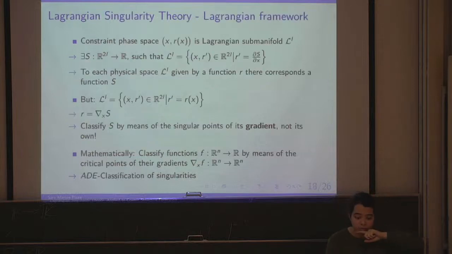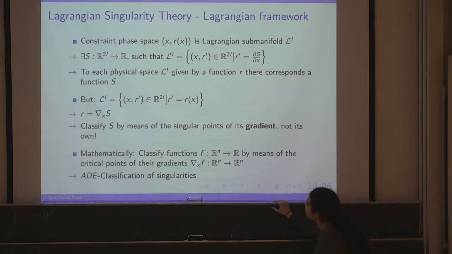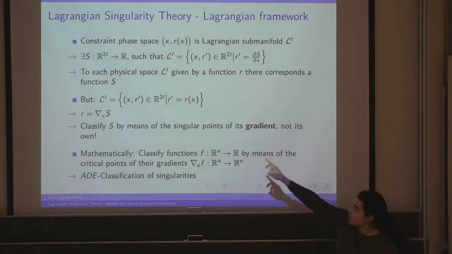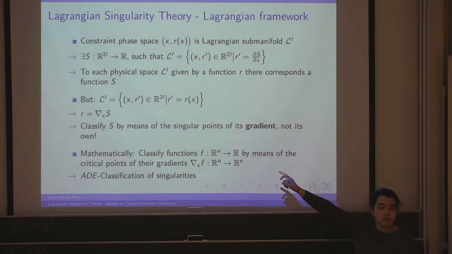What we need for our physical theory, and that makes the adaptation a bit cumbersome, is that in our physical case, we have a Lagrangian submanifold that is given by the gradient of a function S. The function S in literature is usually called the generating or derivative function of a Lagrangian submanifold.